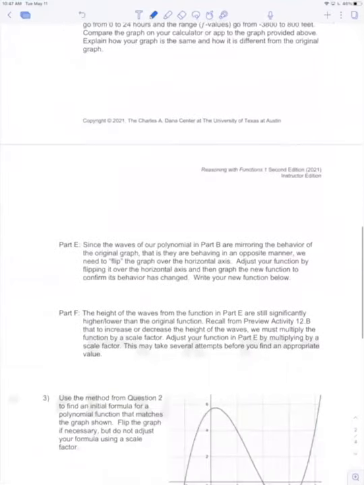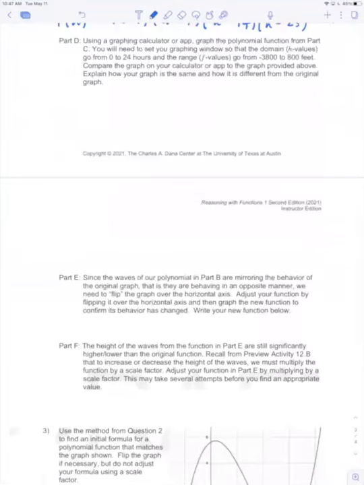Oh, it does say in part D, before we go on, it says explain how your graph is the same and how it's different from the original graph. So why don't we do this? Because we notice that the horizontal intercepts are the same, so we could say that the horizontal intercepts are the same.